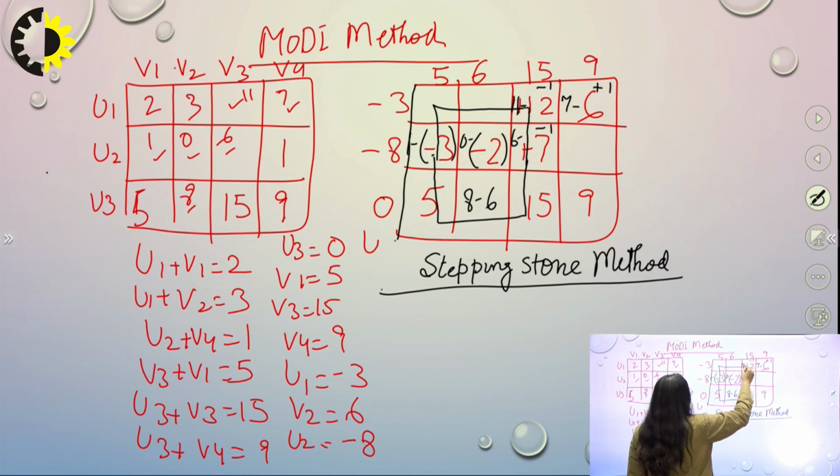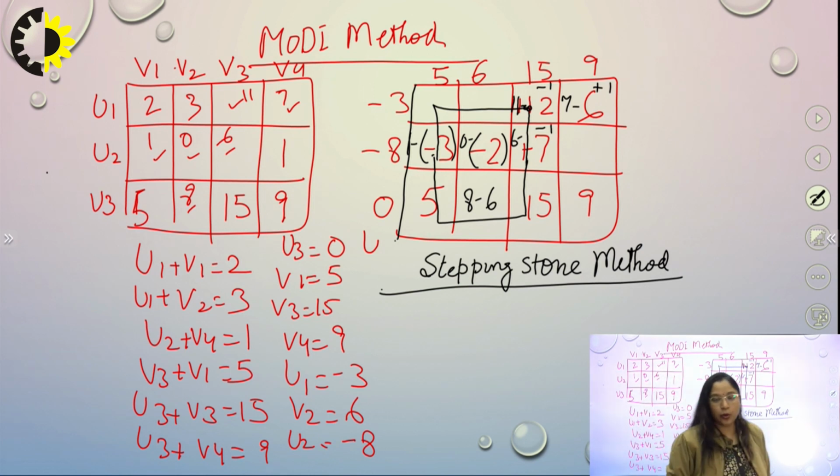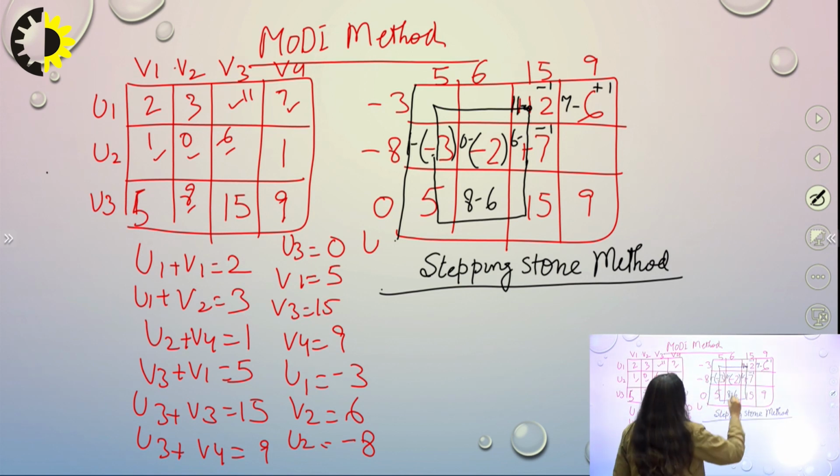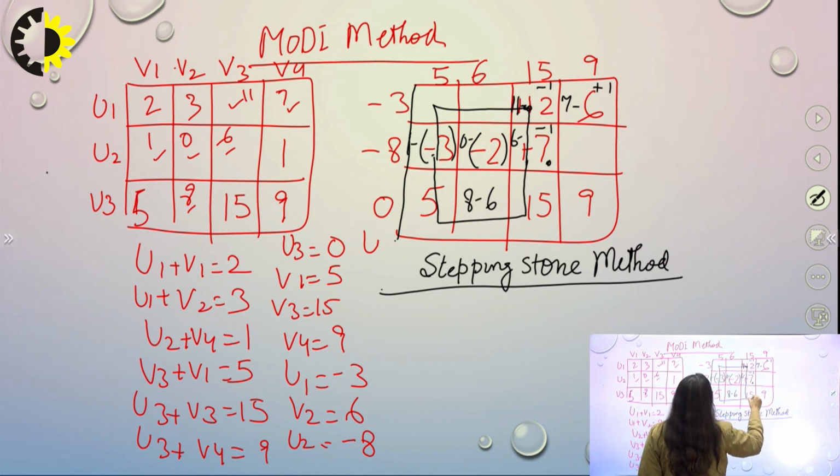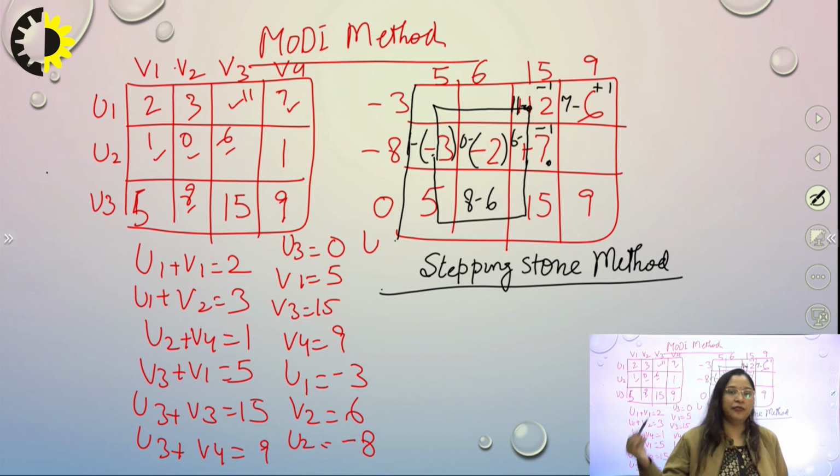Okay, I rotate from here. So they form a loop with this number. So that means I can rotate this loop. In the second case, there is no loop. So the selection will be the first loop.